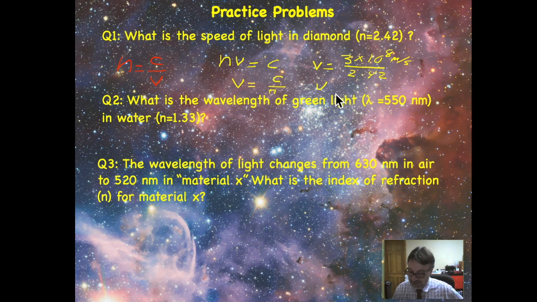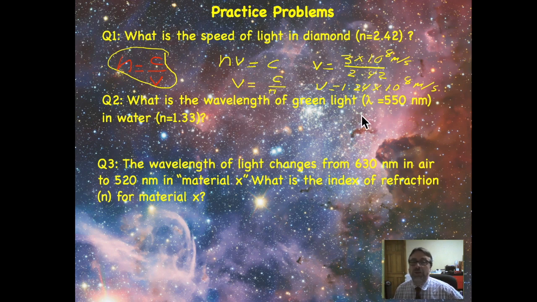Or I get that the velocity is equal to 1.24 times 10 to the 8th meters per second. So all I did was I started with the index of refraction equation, that n equals c over v, and I rearranged it for v because v is the speed of light in the material. So it's pretty easy.